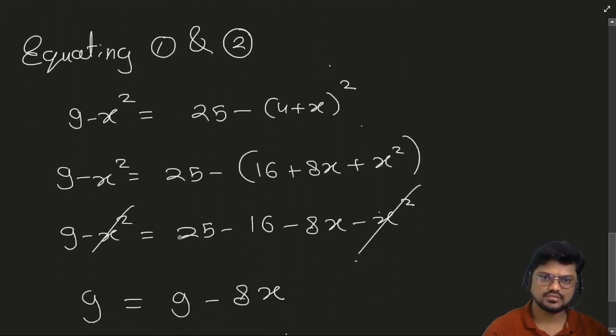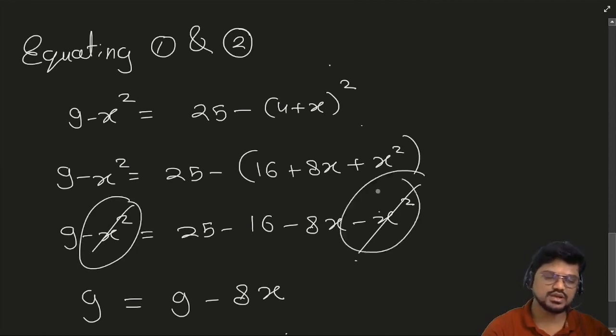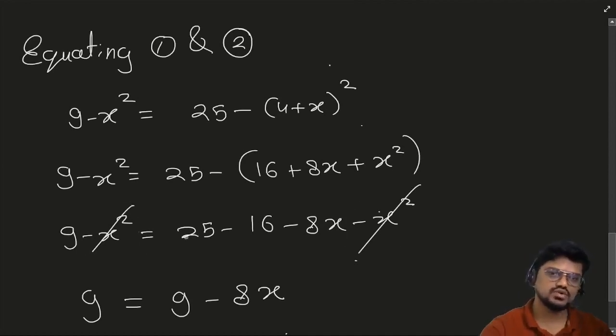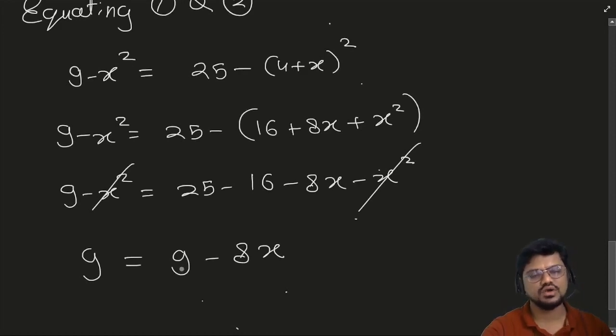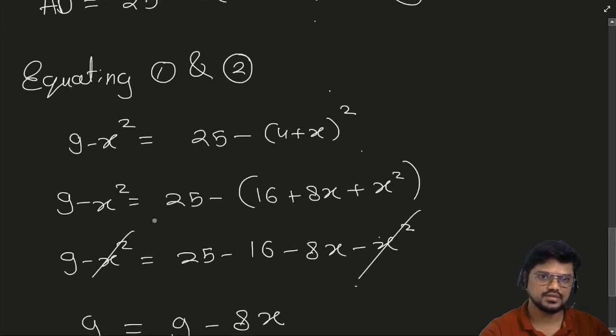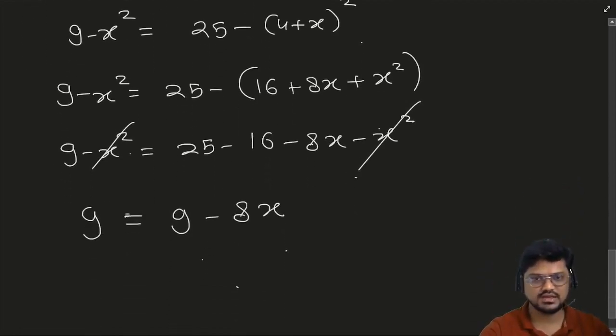Sir, how are minus x square and minus x square cancelled? They are on opposite sides of the equal sign, no? So if I take this on this side, it will be plus x square. Okay, sir. We are getting it as 0 only. This 9 and 9 will get cancelled.